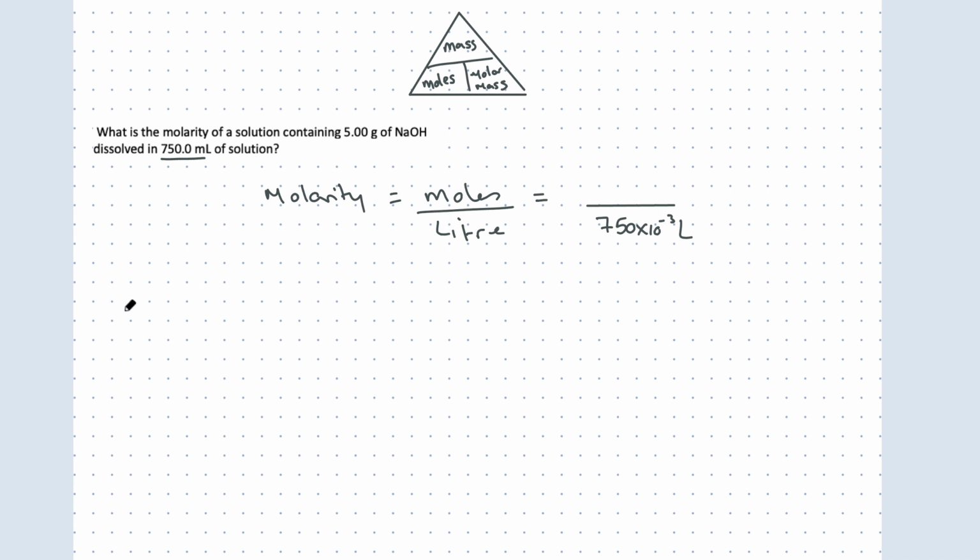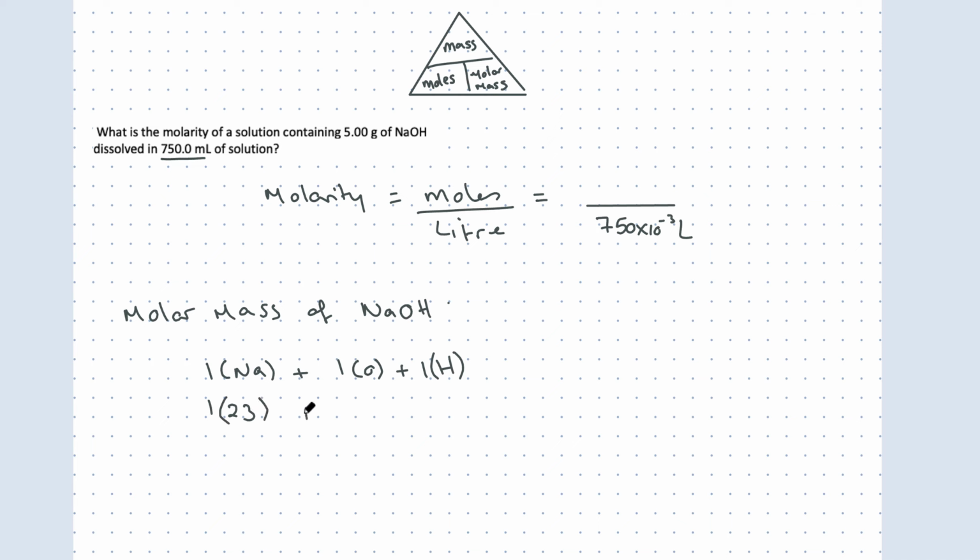So I actually first have to get the molar mass of NaOH. So molar mass is going to be sodium by 1, so 1 sodium plus 1 oxygen plus 1 hydrogen. And I'm going to have 23 for our sodium.